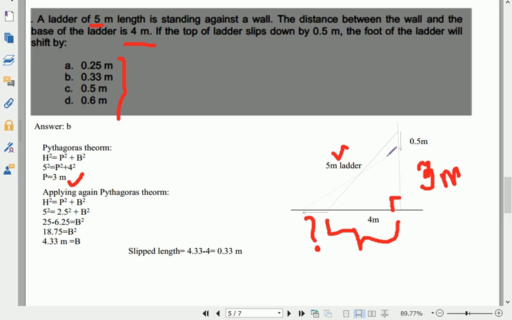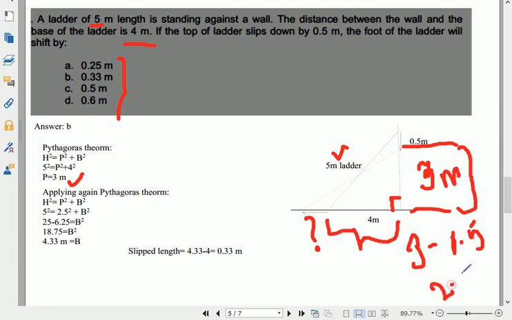Again this will also be a right angle triangle. So now the new length, from this point to this point, will be 3 minus 0.5, it will be 2.5.